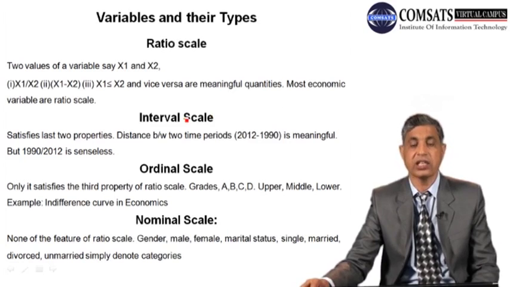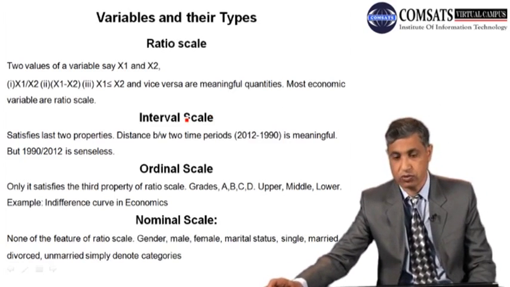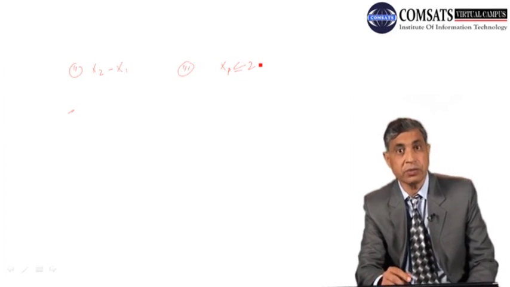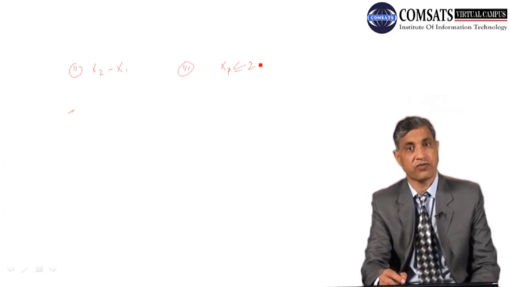The next is the interval scale variable. So I am just going to the next slide. Any variable that fulfills the last two conditions. What were the last two conditions? The second condition was that their difference should be meaningful, and the third was that they should be arranged. So now the first condition is not fulfilled.